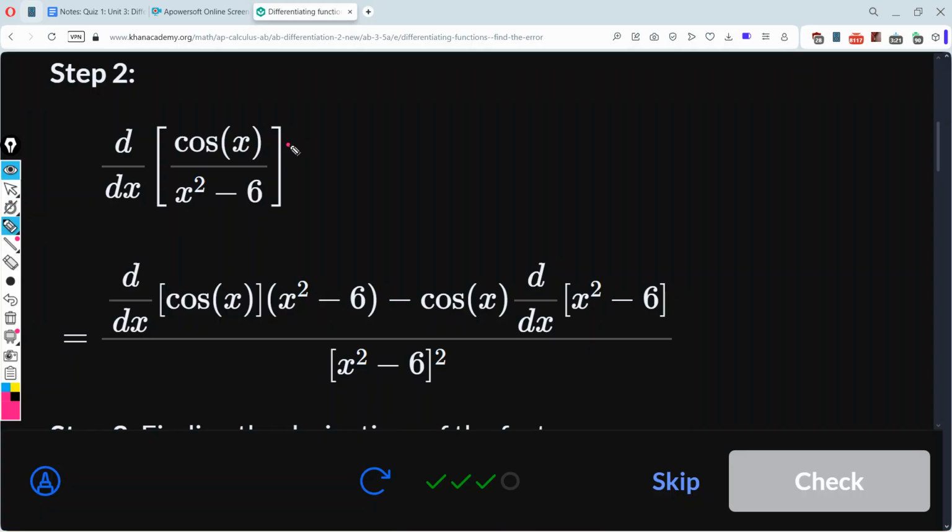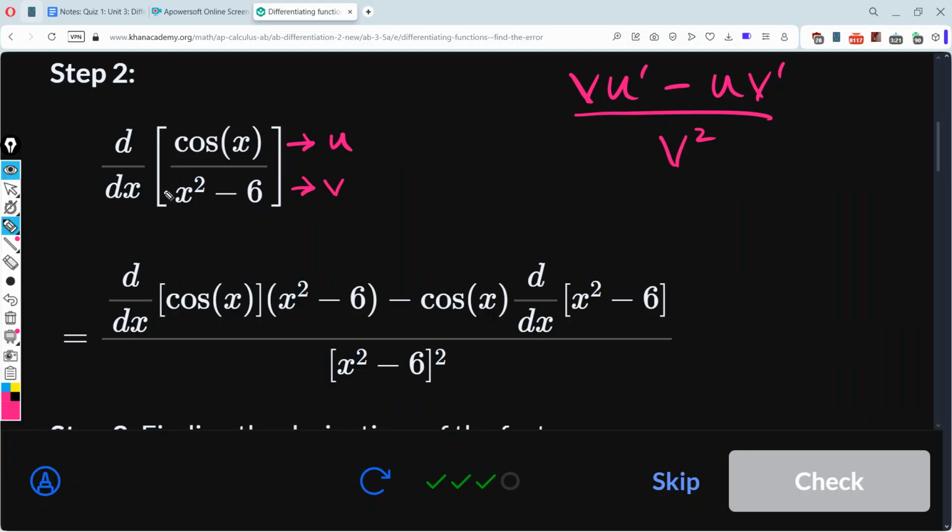So we're going to make the numerator equal to u and the denominator equal to v. What's the quotient rule? Bottom times the derivative of the top, so that's vu prime, minus the top times the derivative of the bottom, that's uv prime, and that whole thing is divided by the bottom squared. All right, let's see if that's what she did.